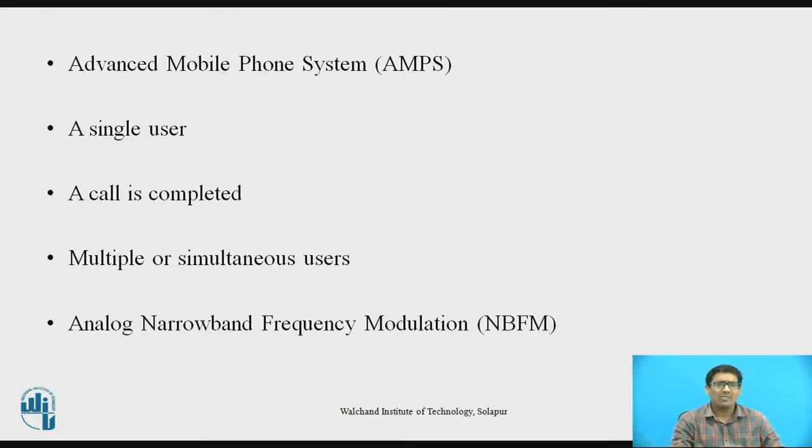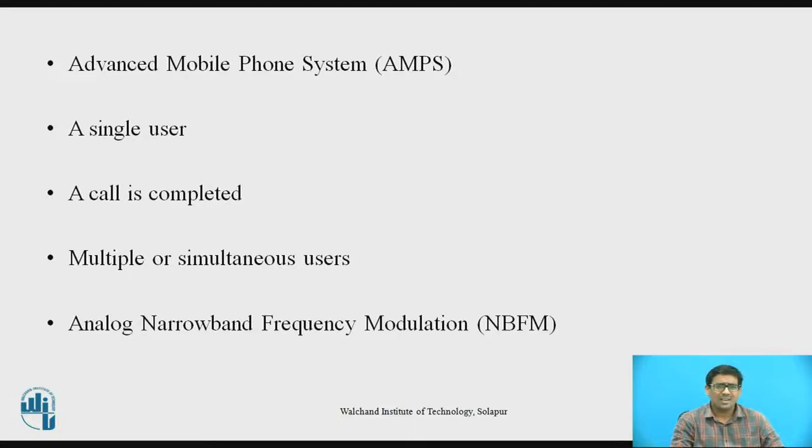When a call is completed or when a handoff occurs, the channel is vacated so that another mobile subscriber may use it. Multiple simultaneous users are accommodated in AMPS by giving each user a unique channel.